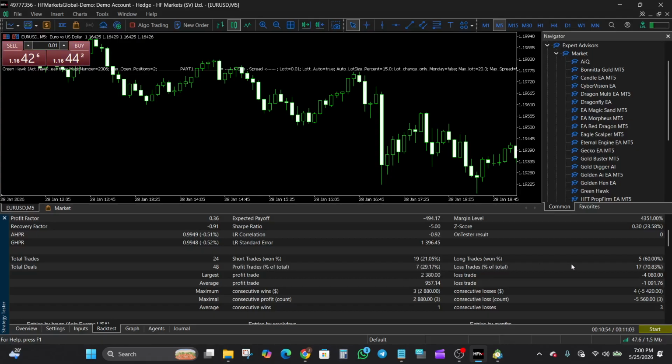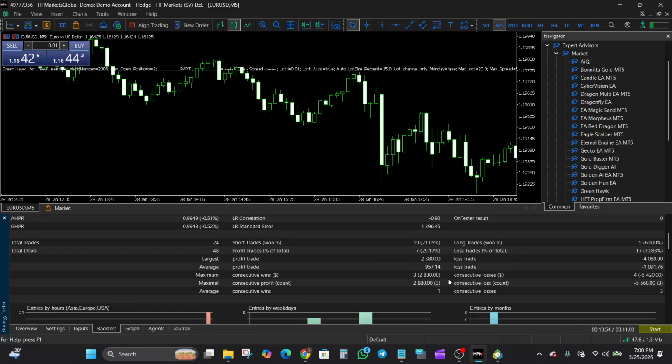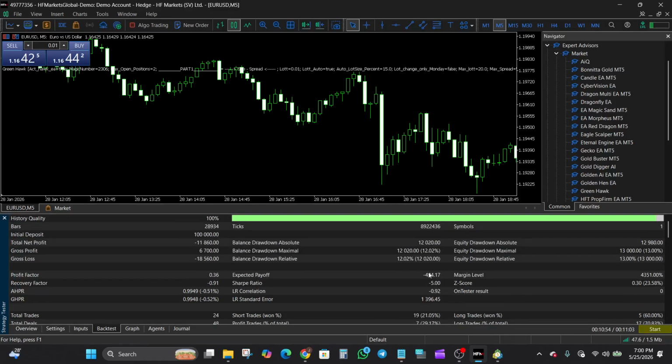All right, and then for the long trades, well, 60% is fair. Okay, but generally the risk to reward ratio is not good enough. So I'm not surprised to see a total net profit in the negative, and almost 12% decline for that matter.